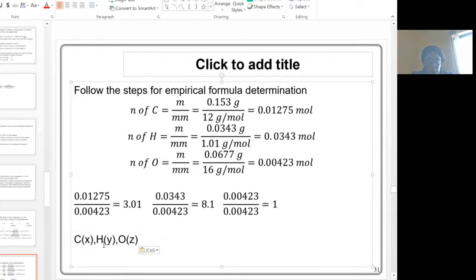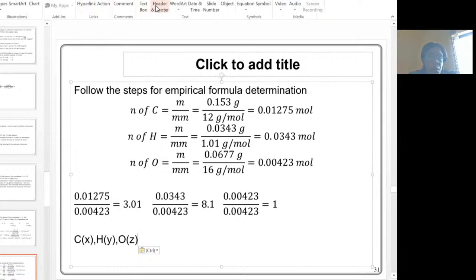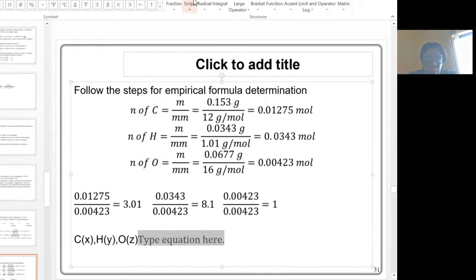So since this division is for carbon, if I was to write it properly, I can write it properly for you. Carbon in this case, X is 3.